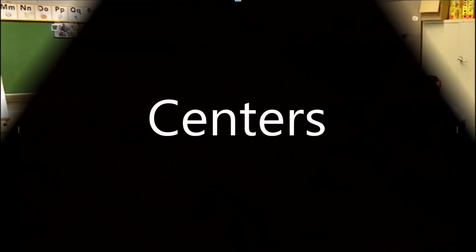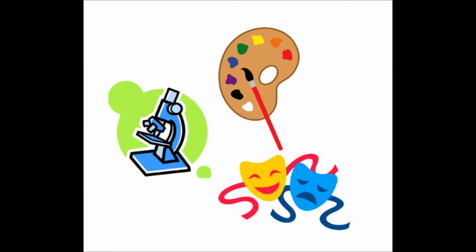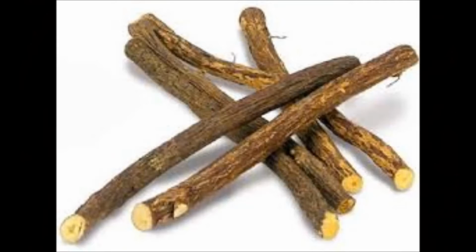So when we go to the centers, we are able to focus on the sciences, the arts, and the theater. This center will focus on matter and energy. The materials that the students will require would be solids, liquids.